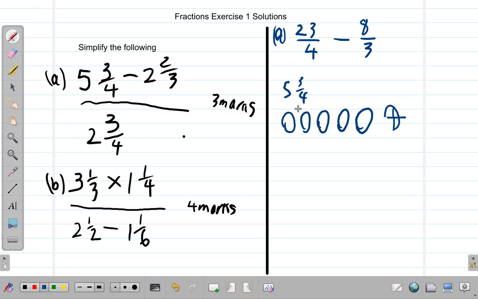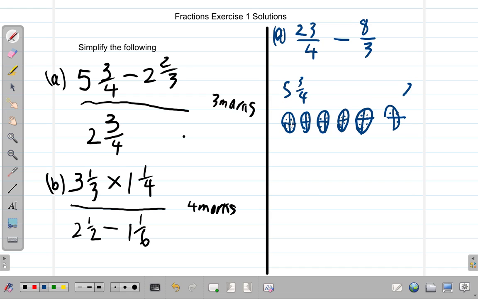So what I'm really saying is, how many quarters are there here? 1 contains 4 quarters, so I'm going to divide 1 into 4 equal parts, and you say 1, 2, 3, 4, 5, 6, 7, 8 quarters so far. 9, 10, 11, 12, 13, 14, 15, 16, 17, 18, 19, 20 quarters.